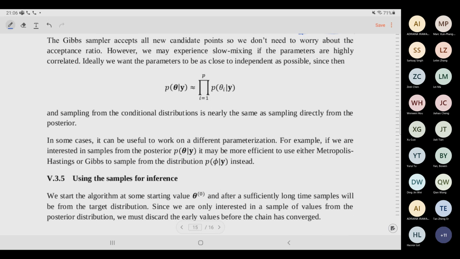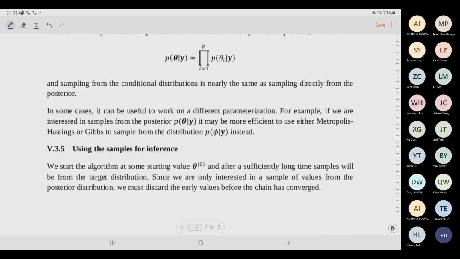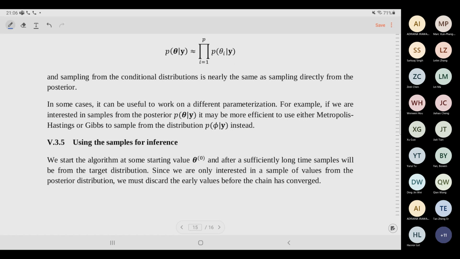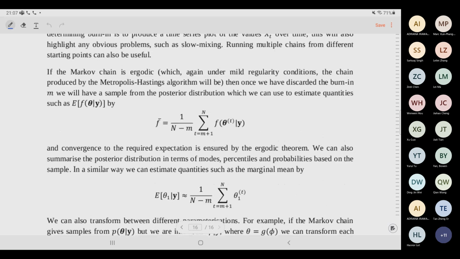So what happens after we get our sample from our MH or Gibbs sampler? As I said before, if we sample for a long time, in theory the sample will come from the target, which is our posterior. Since we want the sample after convergence, we have to discard the values before the convergence, meaning we throw them away.